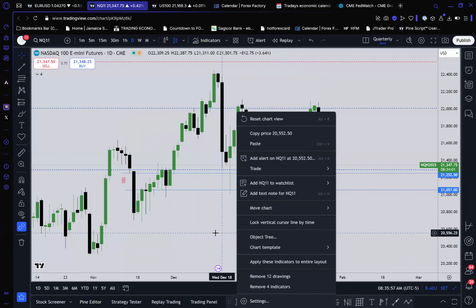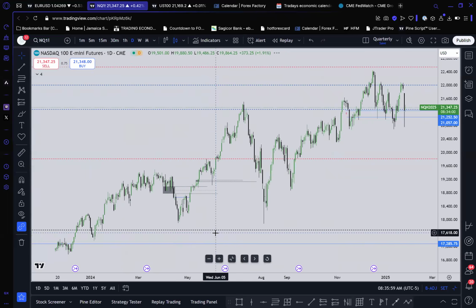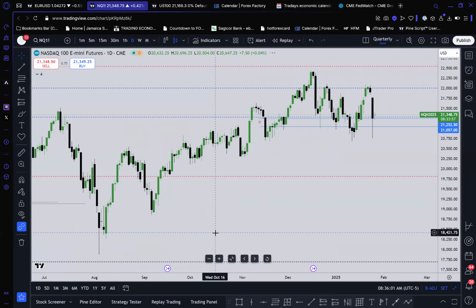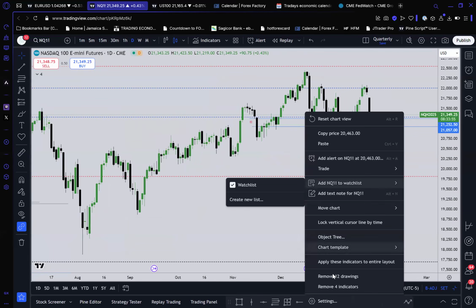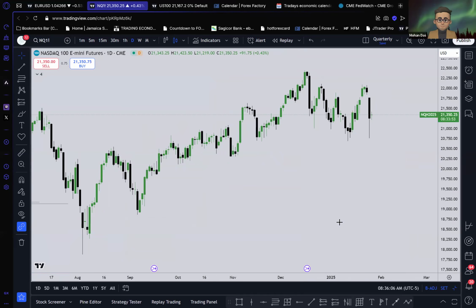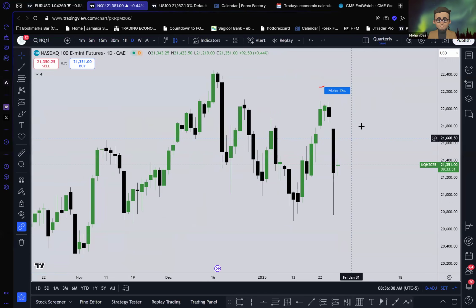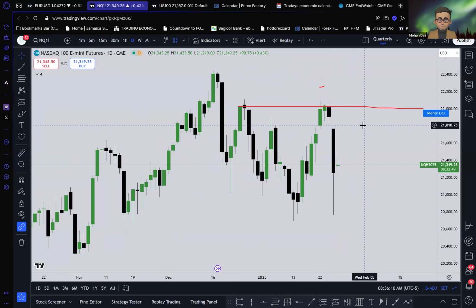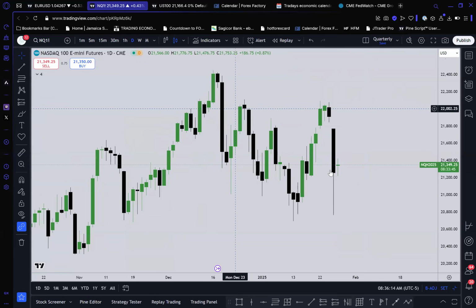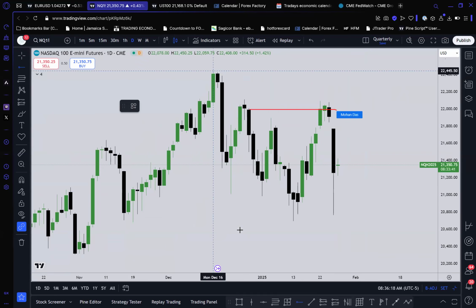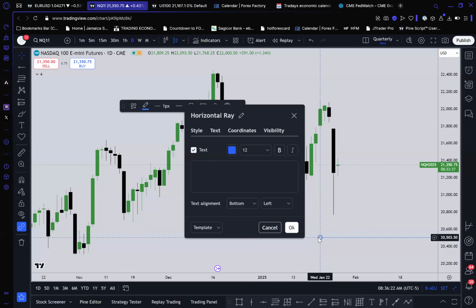Let me remove some very old analysis. It looks like, there we go, it's respecting this one. So let's do this the right way. Before I start marking charts, there's a difference between analysis and marking charts.